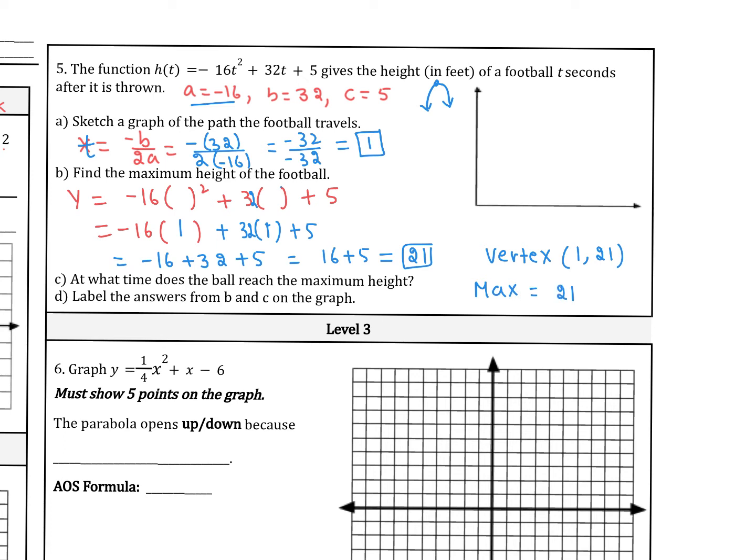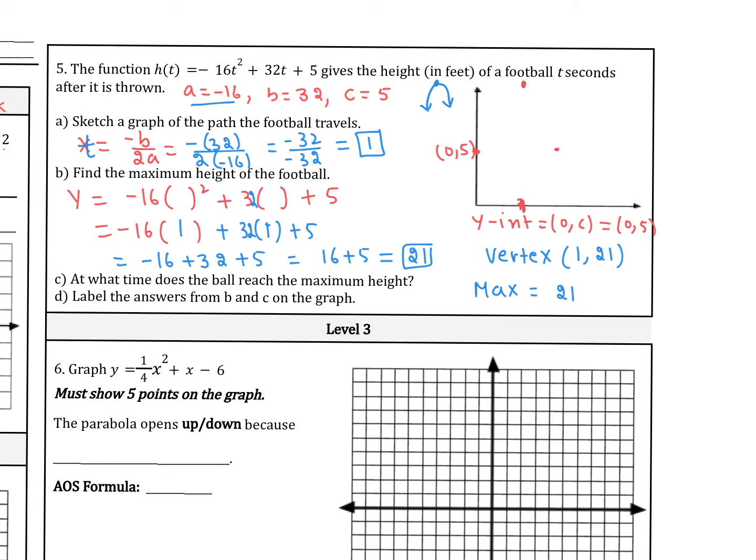The y-intercept for this is 0 comma c, which is 0 comma 5. So let's say this is 0 comma 5. If you scale this as 1, the 1 comma 21 would be a point up here.